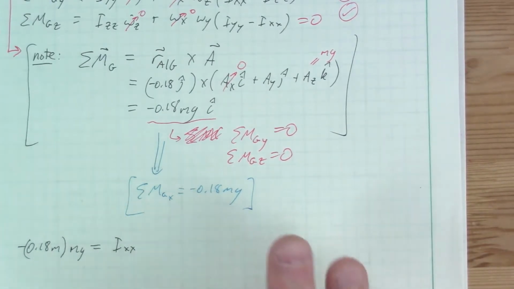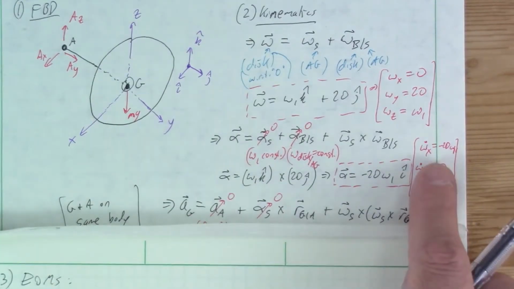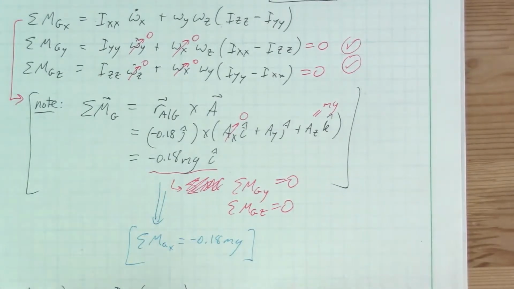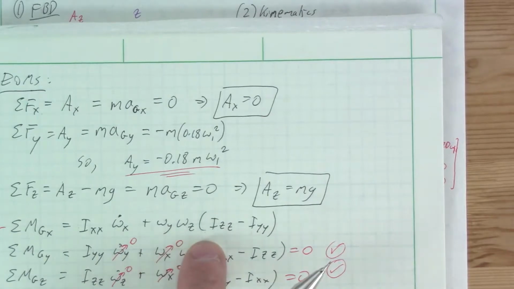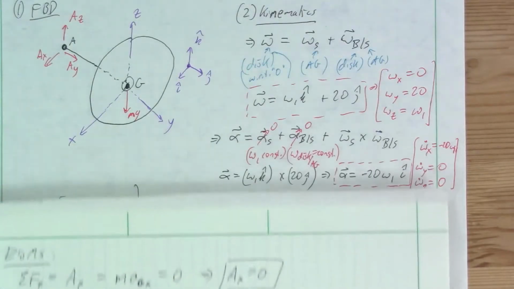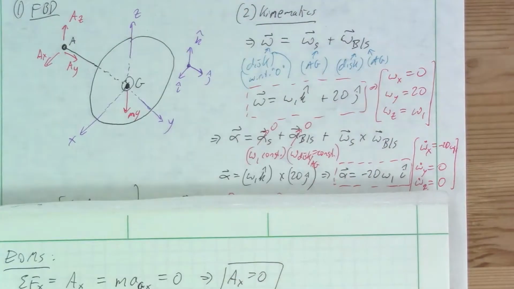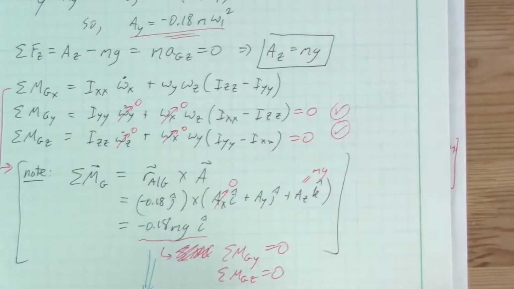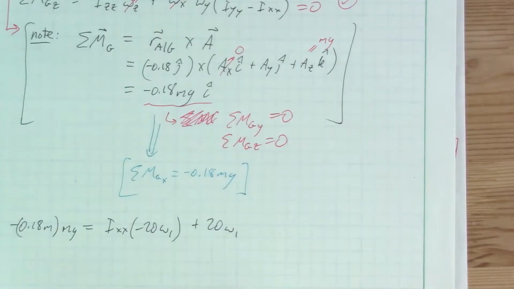Because what I want to plug in is what omega x dot is. We determined that here to be negative 20 omega 1. And omega y and omega z, those are 20 and omega 1 respectively. So we have plus 20 omega 1 plus 20 omega 1.